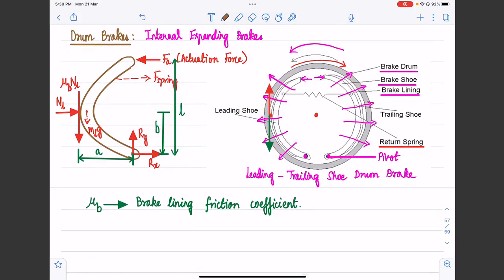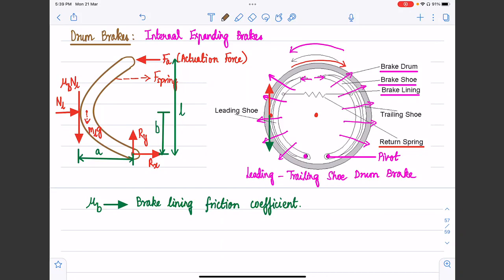So we are going to consider the case where the brake shoe has contacted the brake drum, and the forces are generated. Under this condition, we are in a sort of quasi-static condition, right? Although the drum is moving, as far as the brake shoe is concerned, it has been pressed.